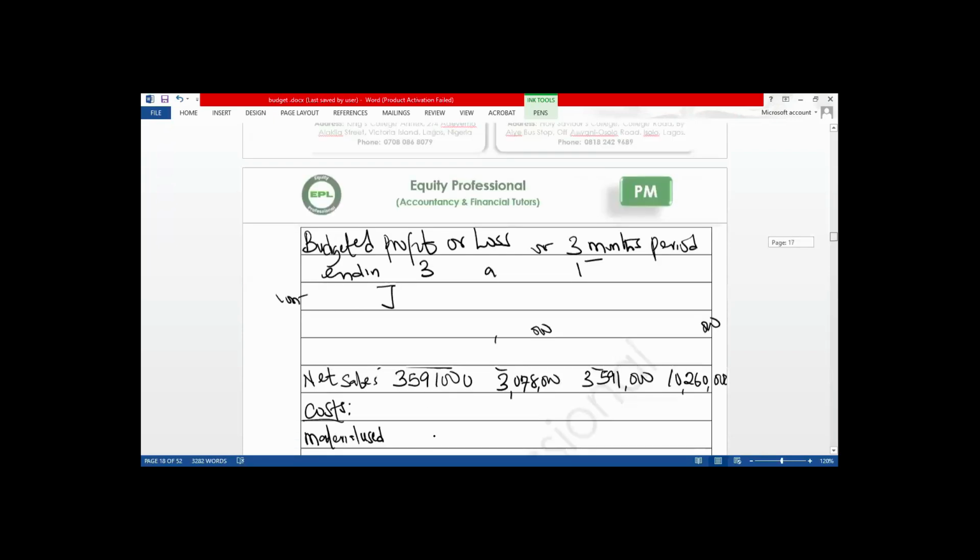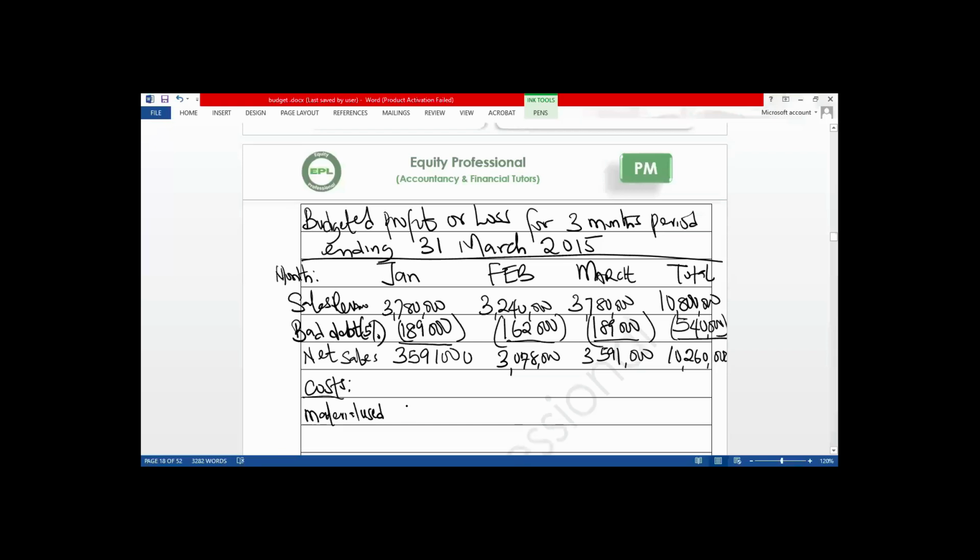Now come here. Material use cost: 1,505,000, 1,291,500, 1,480,500. Sum of the total.